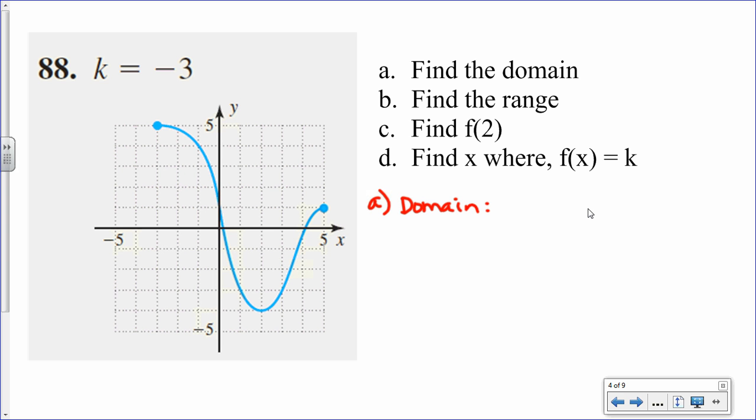Carly, what do you have for your domain? Good. So I have an interval, and it's negative 3 to 5. Both of those are included, so brackets. Good?